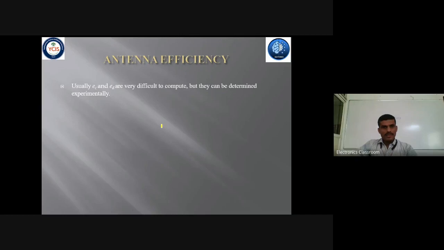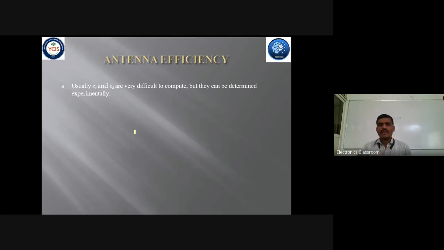Your antenna efficiency has three different efficiencies present. First is reflection efficiency, then conduction efficiency and dielectric efficiency. Now, calculating conduction efficiency and dielectric efficiency separately is very difficult.